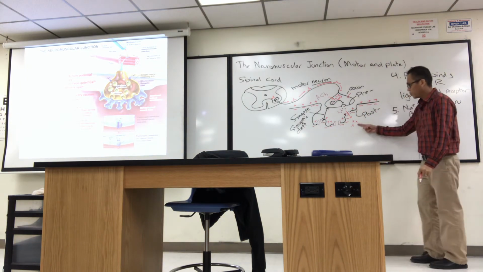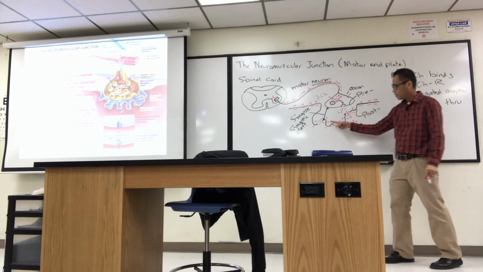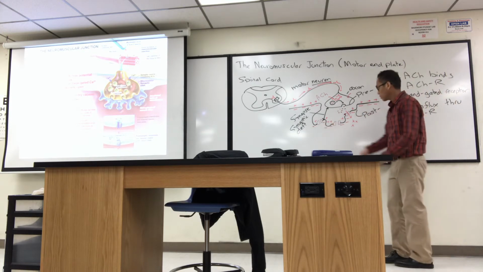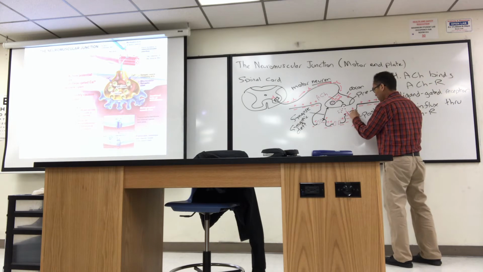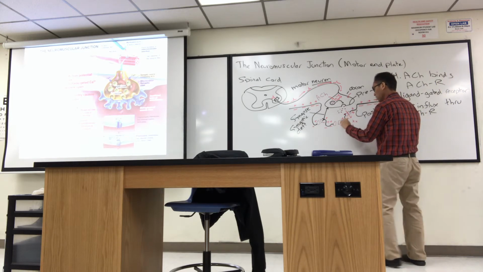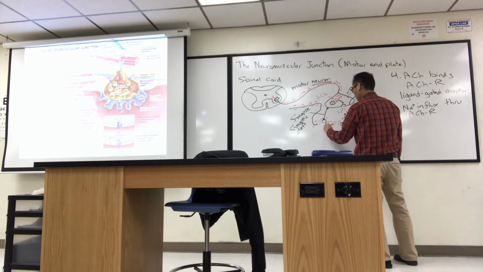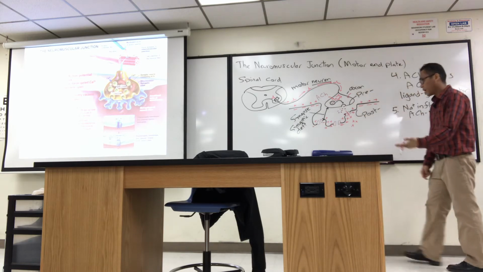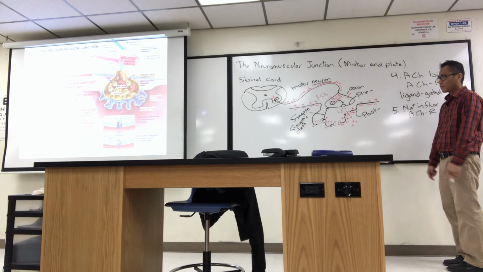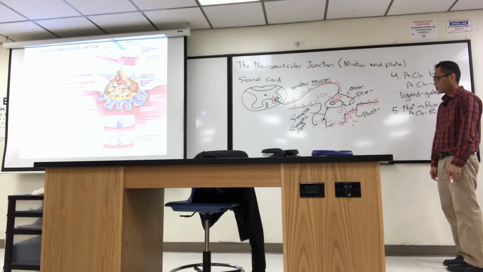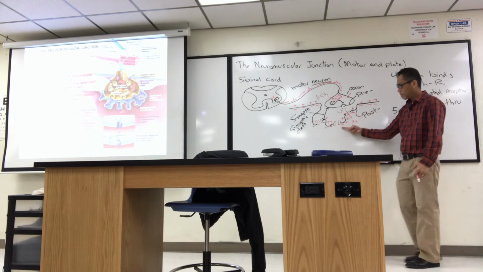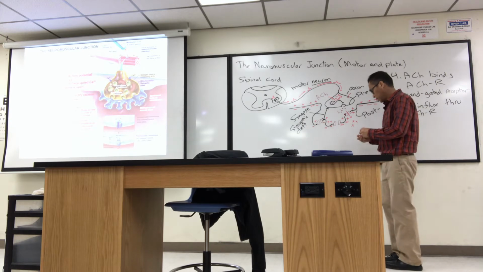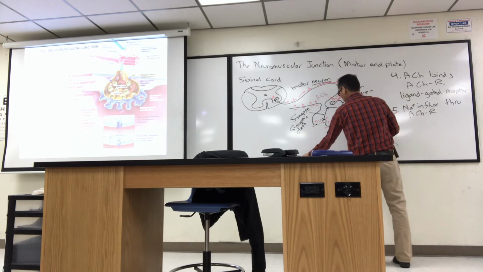And what they're going to do is replace all these negative signs. So now the inside of the cell becomes depolarized. I'm going to change all the negatives to positives, and the reverse is true. Now the inside of the cell has become positive, and the outside of the cell is now negative.